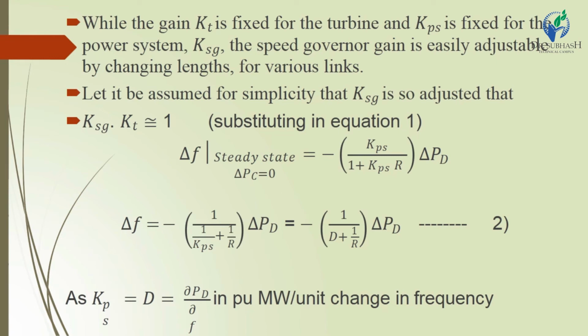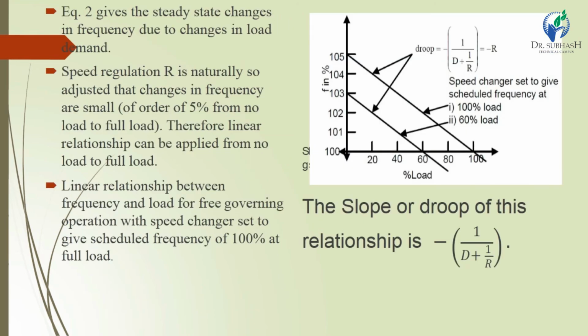Substituting this in the equation, we can write equation number 2 with Kps equal to D, which is delta PD in per unit, known as megawatt per unit change in frequency. Equation number 2 gives the steady state change in the frequency due to the change in the load demand.